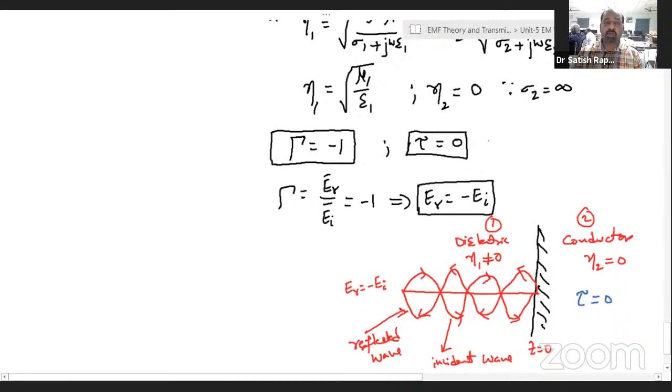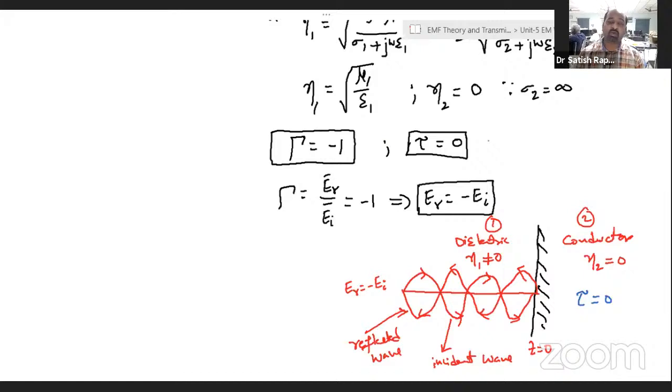That means, do remember this, whenever one region is conductor, the entire wave reflects back, because EM wave does not exist inside a conductor.